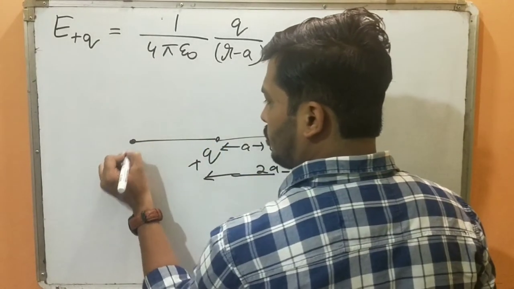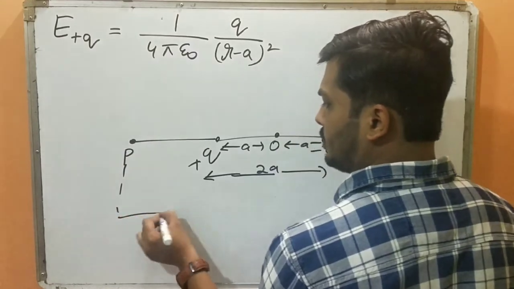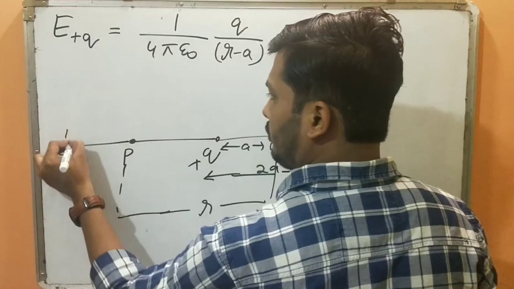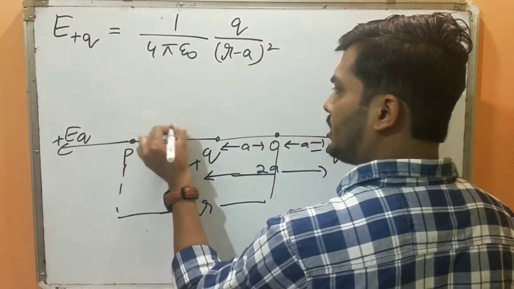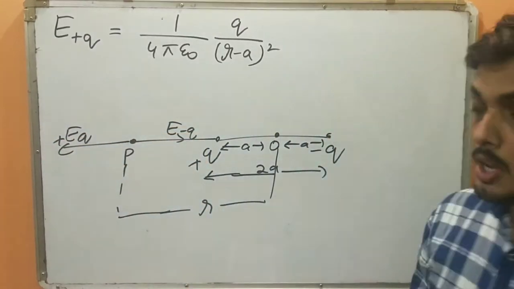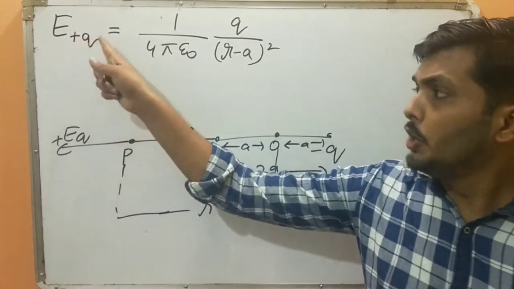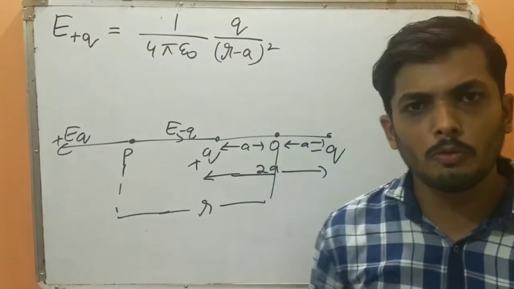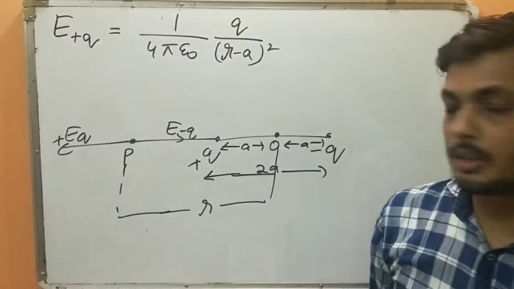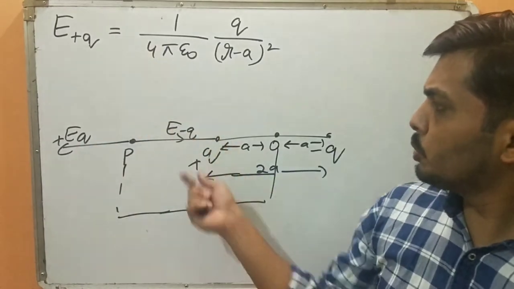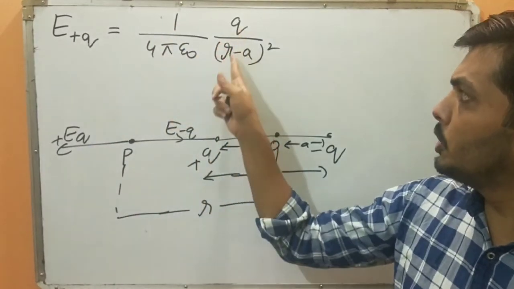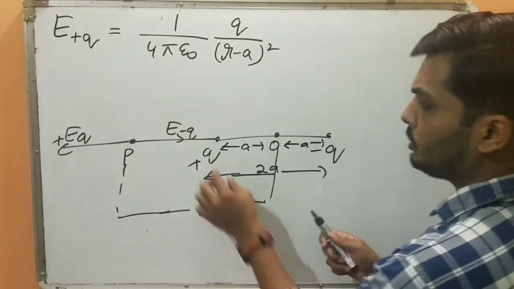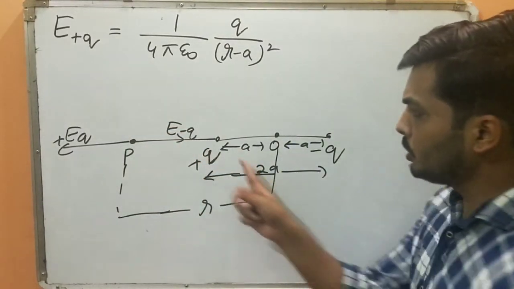I was interested in finding the electric field at this point P, at distance R, where the electric field will be in this direction for E plus Q, and in this direction for minus Q. For a plus charge we had got the expression for electric field, 1 upon 4 pi epsilon naught Q divided by R square. Here due to plus Q, look into this diagram, it is 1 upon 4 pi epsilon naught Q divided by R minus A the whole square.